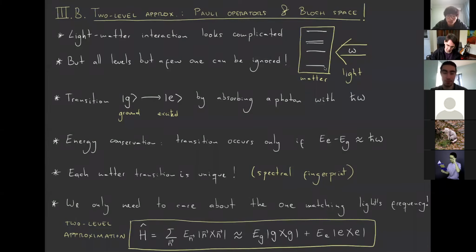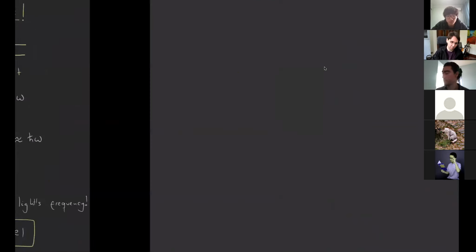So this approximation here, in which the Hamiltonian is approximated just as the mixture of two specific states that play a role in the quantum dynamics, but nothing else. And then what's interesting is that now we can start developing a mathematical formalism that is formally equivalent.